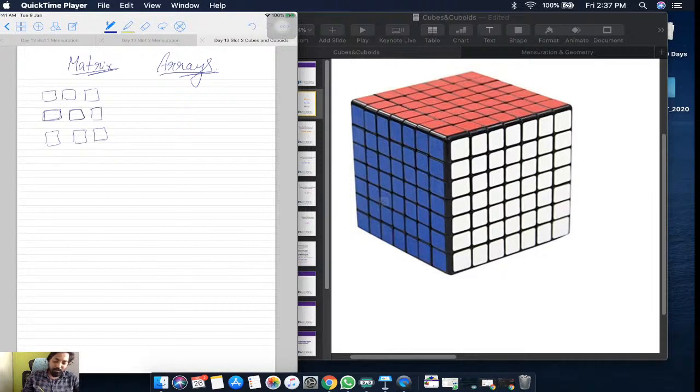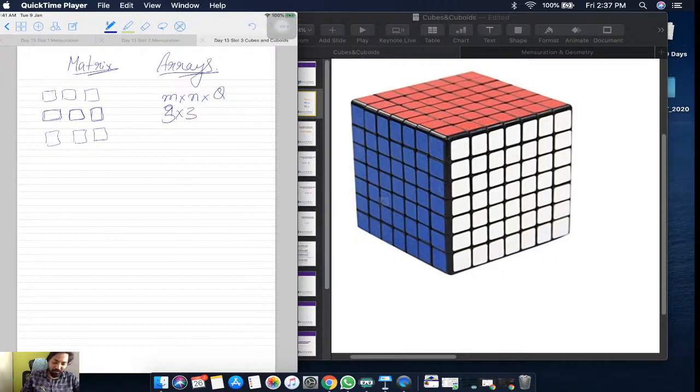There are nine. Yeah, you can count it, or you can write it as 3 cross 3. This is the number of rows into the number of columns. And there will be one more thing, that is the number of stackings.